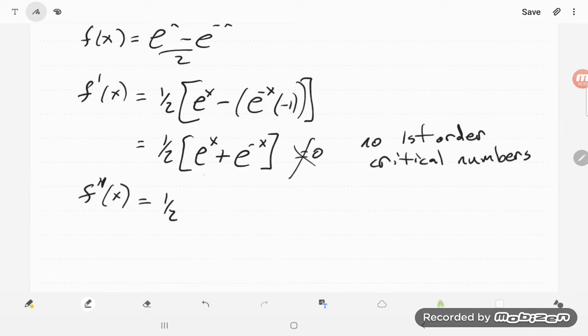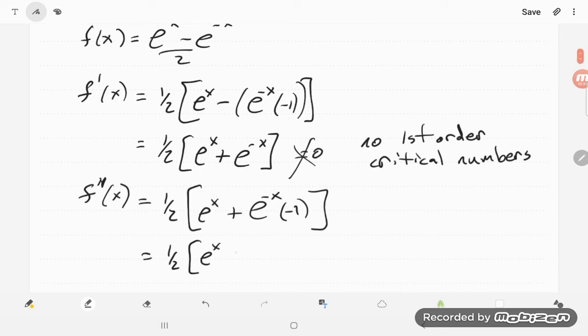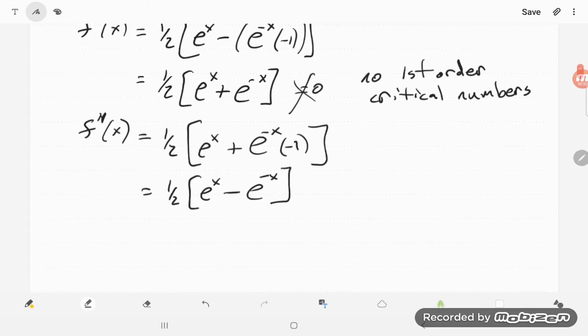We get e to the x, and then again we get plus e to the minus x times the -1 for that chain rule. And so we have 1/2 e to the x minus e to the minus x. And we set that equal to 0.